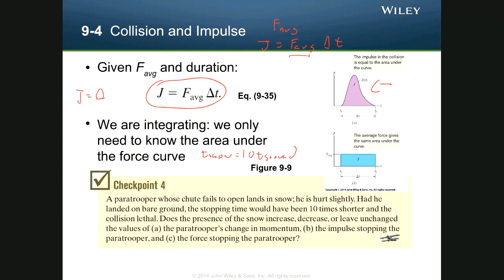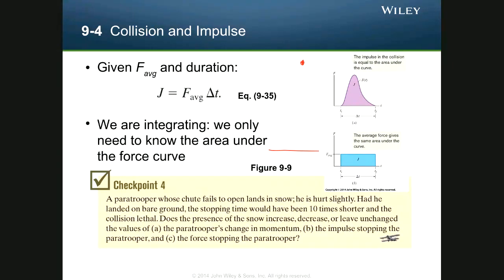All right, so if you're struggling with it or not knowing what to do, let's draw some pictures. So I'm going to delete what's going on pre-checkpoint. Now, think about it this way. Let's look at the moment. So here's the ground, and here's our parachuter the moment his parachute doesn't open.